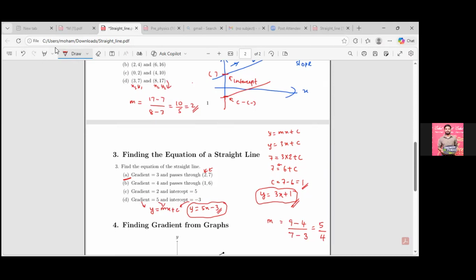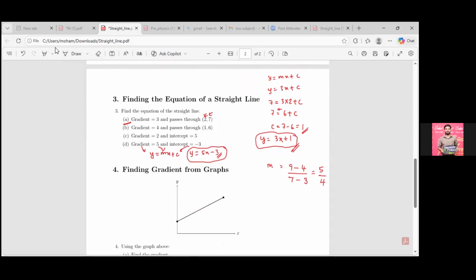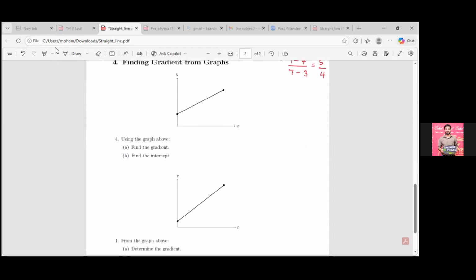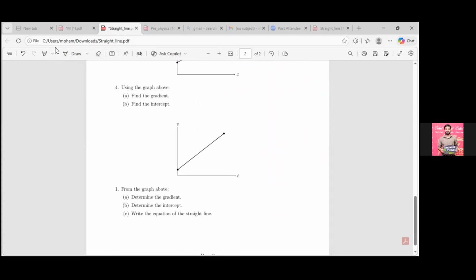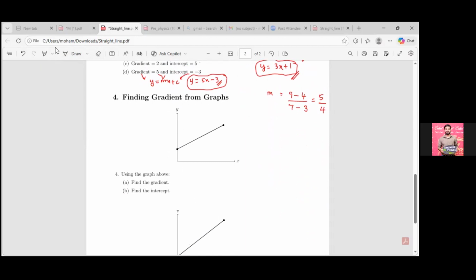Okay, so that's the idea. So we can try the other questions. Here they have given two graphs. Actually, the coordinates are missing, sorry.